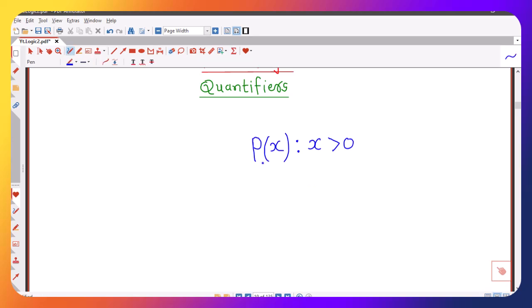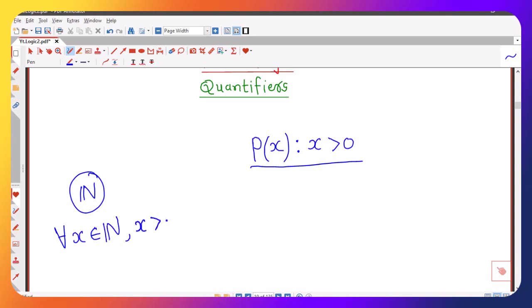Now sometimes this statement function might be true for all values of x in a particular domain or in a particular set. For example, if I consider the set of natural numbers, then for every x in the set of natural numbers we know that x is always positive.